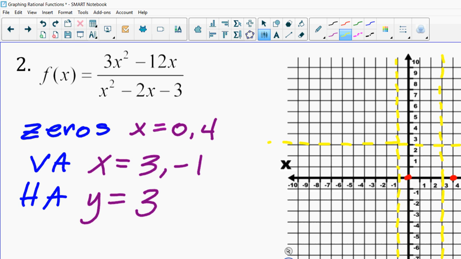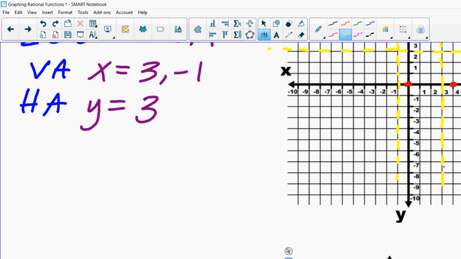But I'm going to give you this, and there are 3 of them I'm going to have you do. Okay? I'm not going to have you do one that's got 2 vertical asymptotes. So I'm only going to give you 3 of these to do. All right?